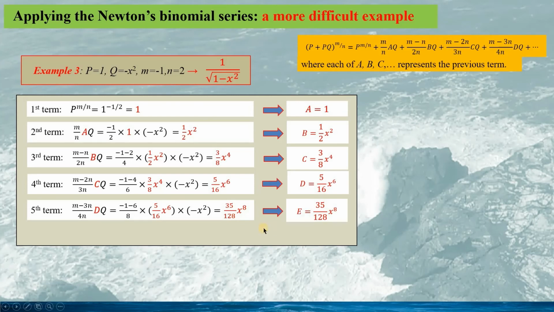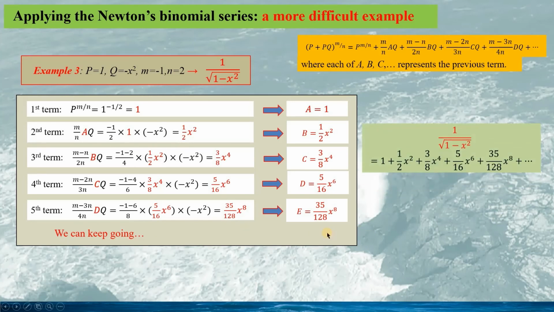For this binomial series, we can go on to calculate more terms, but for many practical applications, we might not need to go for too many terms. So if we put all this together, we have the expression for the binomial series given as this.